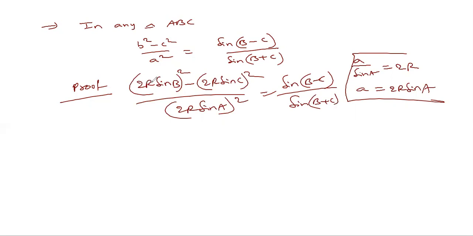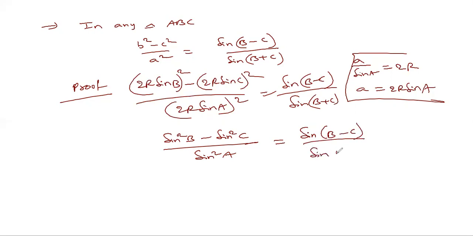Now you see this 2R whole square in numerator, in denominator we can take common, we can cancel. So finally we will get sin square B minus sin square C divided by sin square A. That will be sin of B minus C divided by sin of B plus C. Numerator you can see it is in the form of sin square B minus sin square C. So we can write this as sin of B minus C into sin of B plus C. That is the formula.